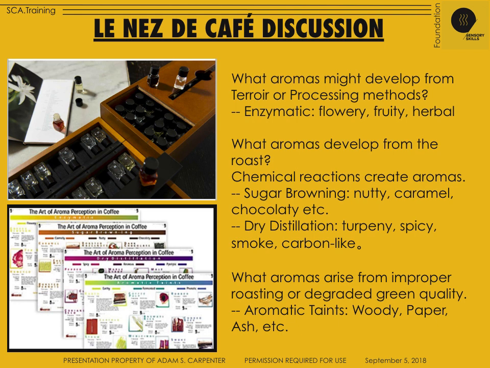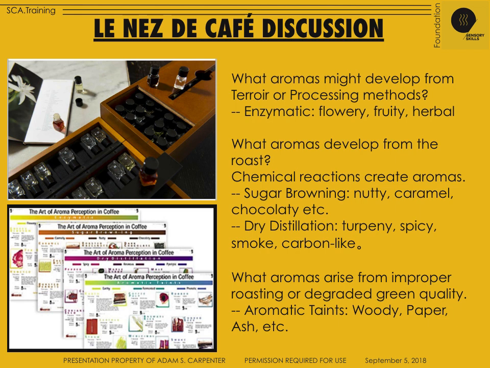So then what aromas develop from the roasting process? These are chemical reactions that create the aromas. As we continue to roast those beans and they change to brown and darker color, sugar browning starts to kick in. You can follow the flavor wheel from yellow, brown, purple, and that kind of follows the roasting process in terms of what can develop next as the roasting continues.